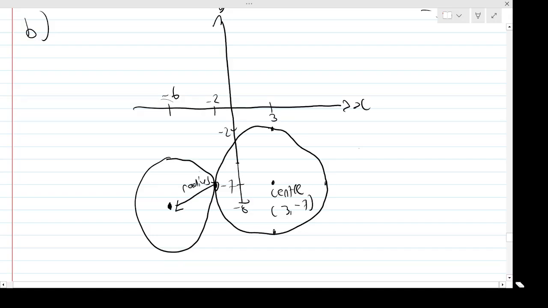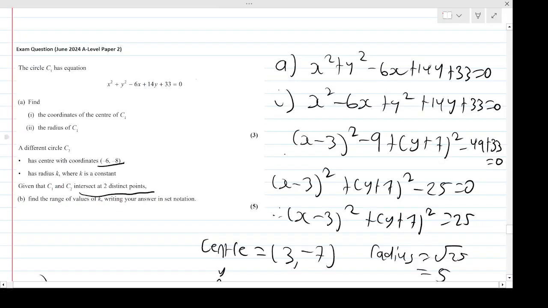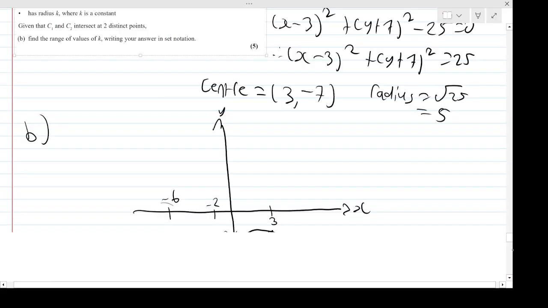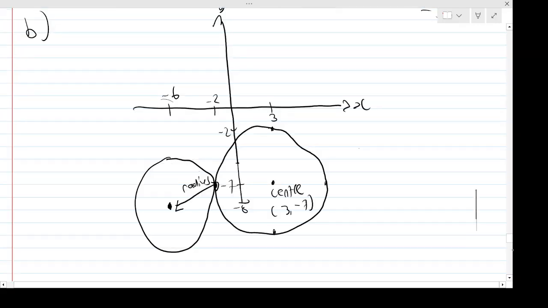So in order for the two circles to cross once, by the way, it says intersect at two distinct points, so that's why we're considering when they intersect or overlap. So when they cross once here, that occurs, as we can see, when the radius of this circle allows the centre to reach the outside point of the other circle here.